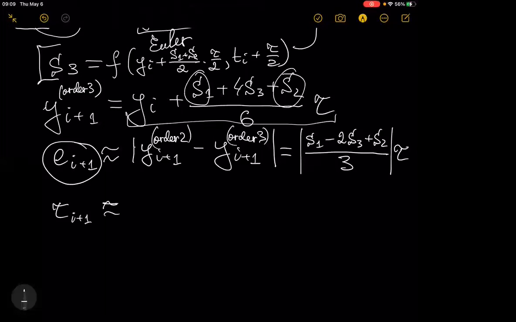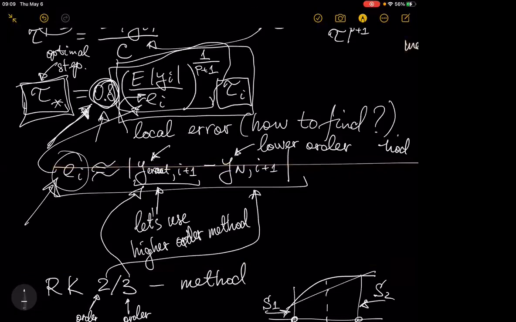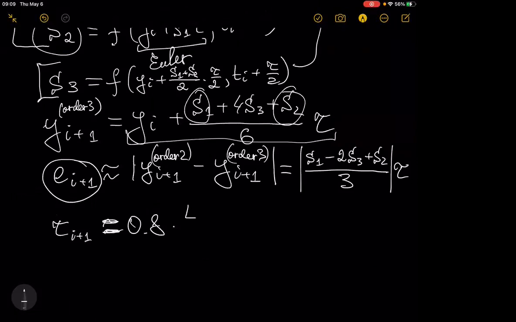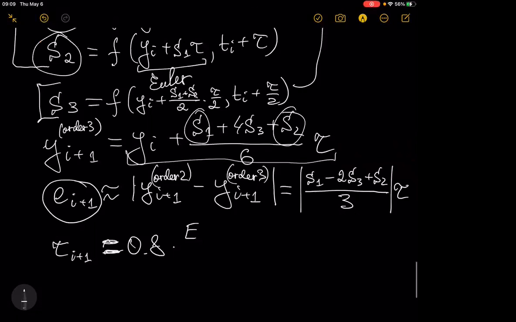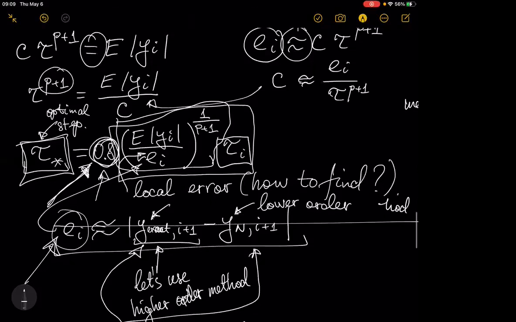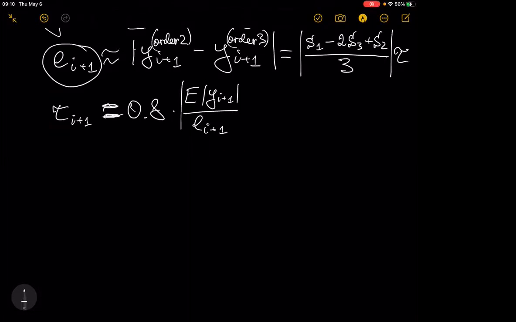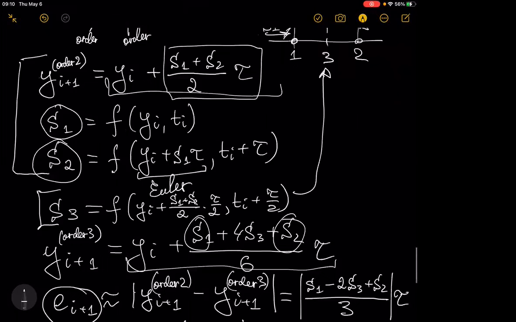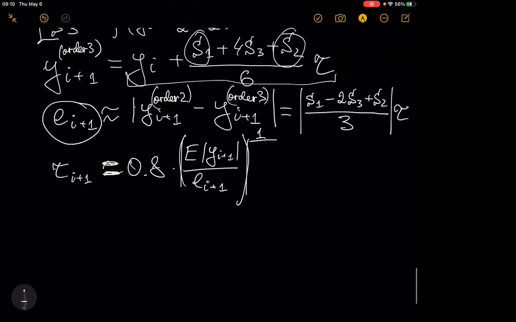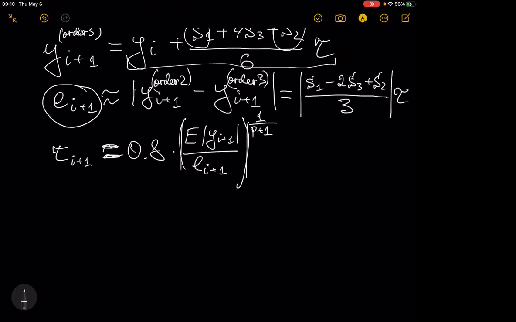time step. You use the following formula: 0.8, to be on the safe side, multiplied by (e times y_{i+1} divided by e_{i+1}) to the power 1 over p plus 1, and tau_i.